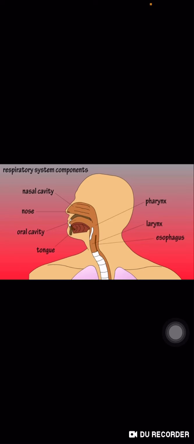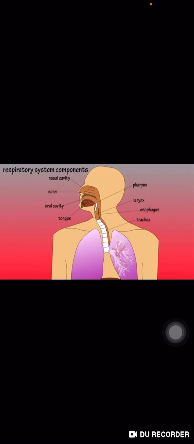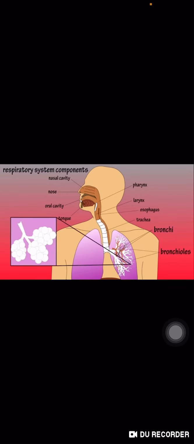Next we have the larynx, which is called the voice box, which has vocal cords, located above the trachea, called the windpipe here, and it connects with the bronchi, which branch into smaller tubes called bronchioles, and the bronchioles connect to the tiny air sacs called alveoli. And then down here is the diagram.